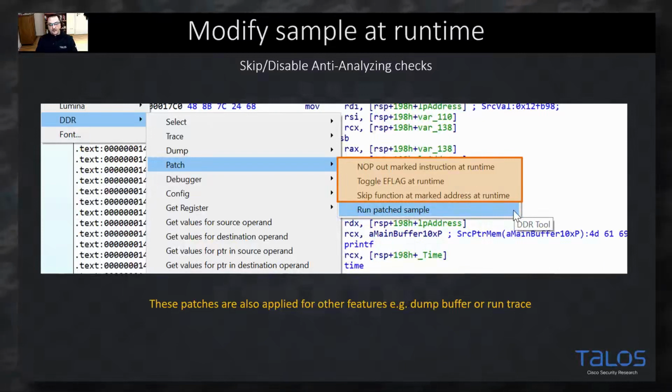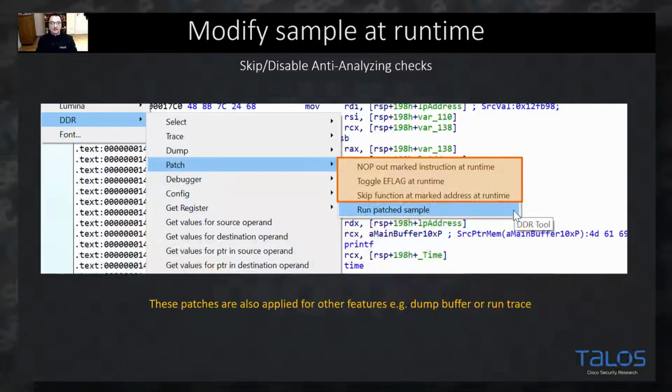And last but not least, you can also completely skip functions if you like. If you have a function, let's say something which detects a virtual machine, and you want to skip it, you can completely skip it and return a faked return value, which means that the other parts of the sample are getting a faked return value, which is telling the rest of the sample something like, okay, we didn't find any virtual machine, we can proceed, we don't have to exit, we haven't found any analysis stuff, so no debugging or anything like that.